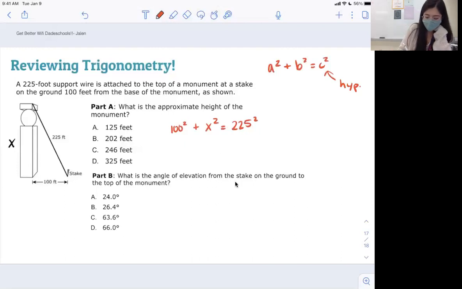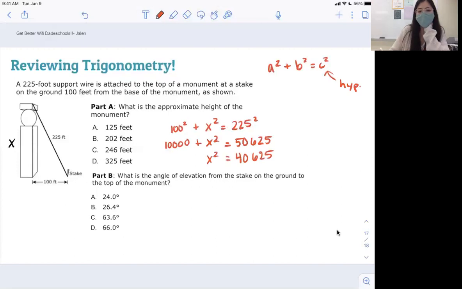This is 10,000. And what's 225 to the power of 2? 50,625. Subtract 10,000 from that. 40,625. Take the square root of that number.